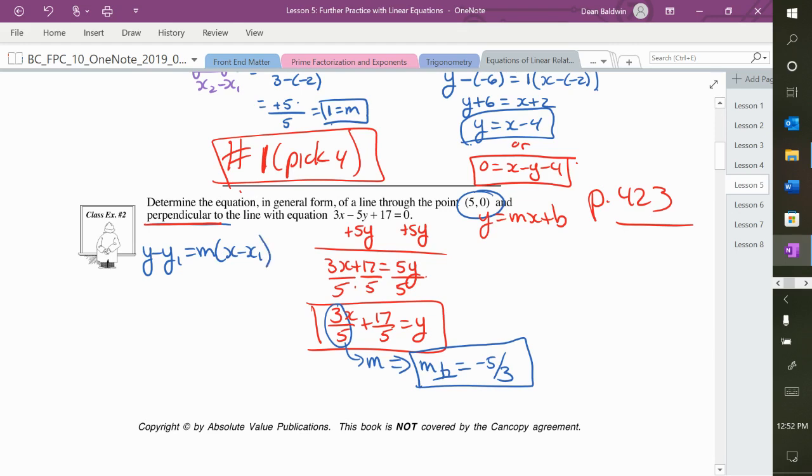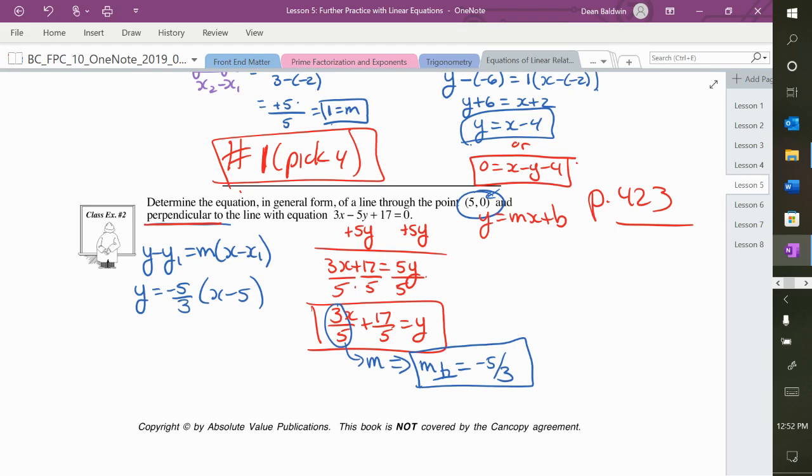Okay. What is y1? 0. Right? So I get y. I'm not going to write minus 0. You could if you really wanted to, but I'm not going to. My slope is negative 5 over 3, and my x value is 5. That's a 3. There.